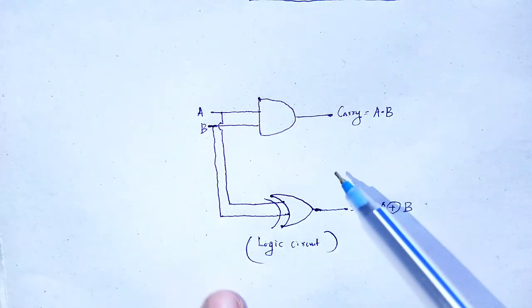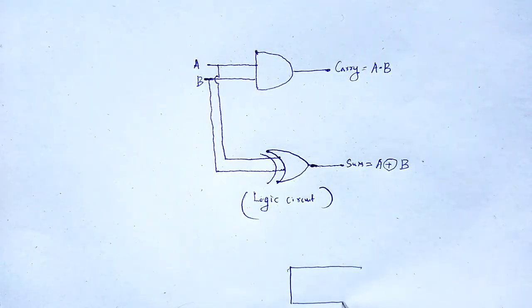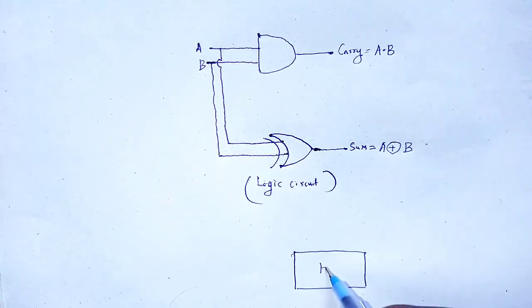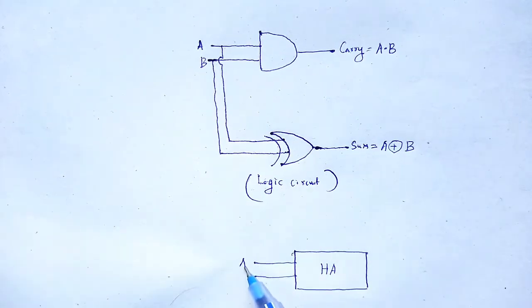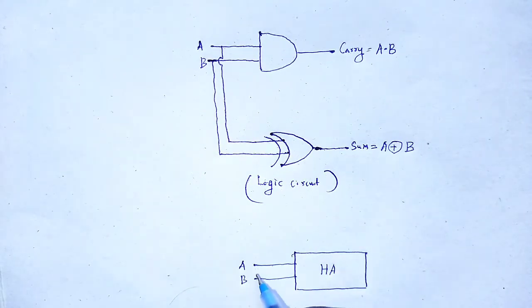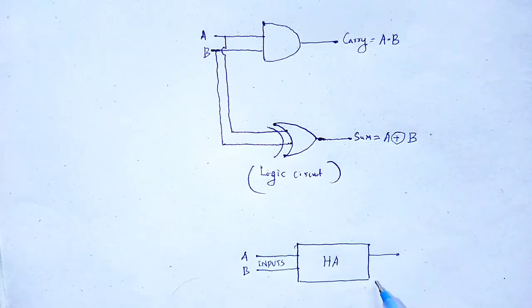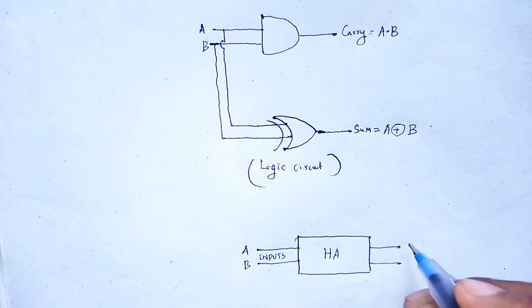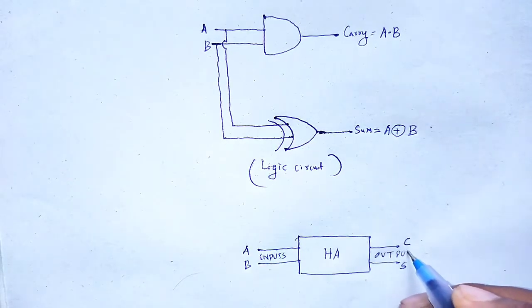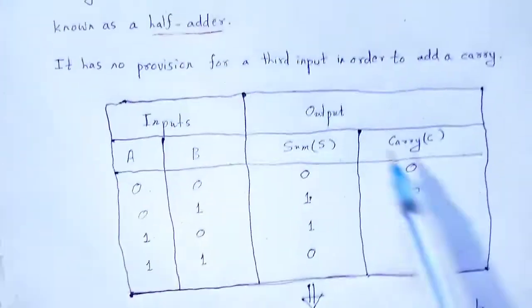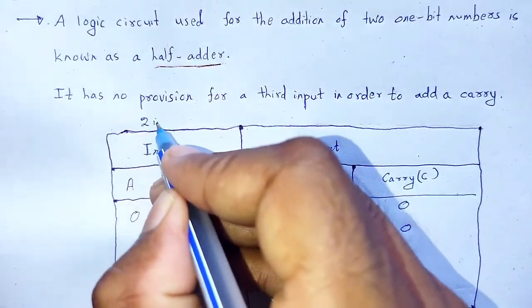And in the logic symbol, this is a half adder. It has two inputs, A and B, and as outputs we obtain carry and sum. Two inputs and two outputs.